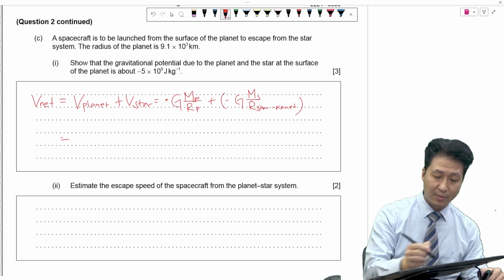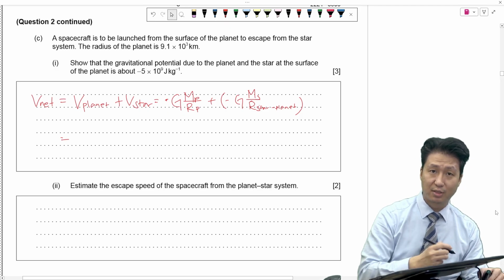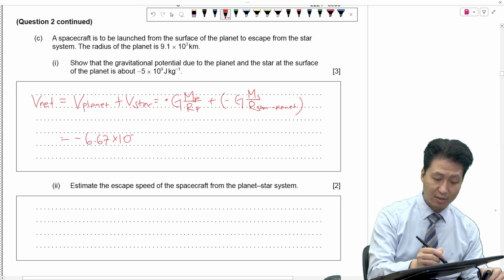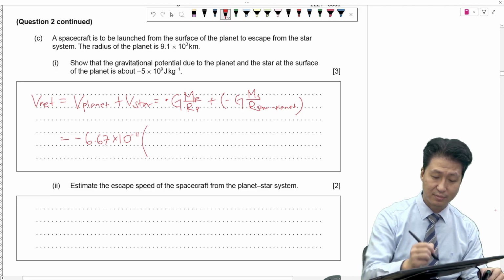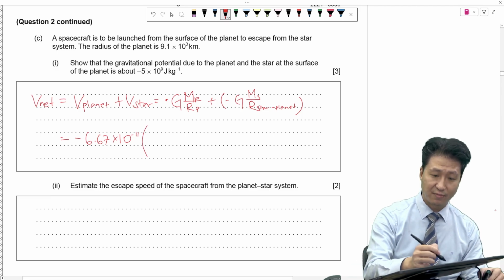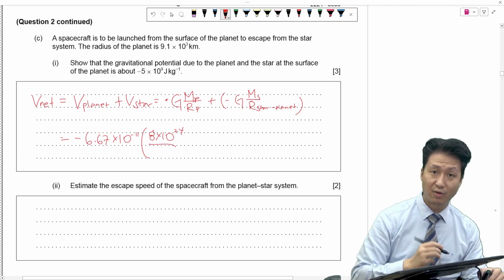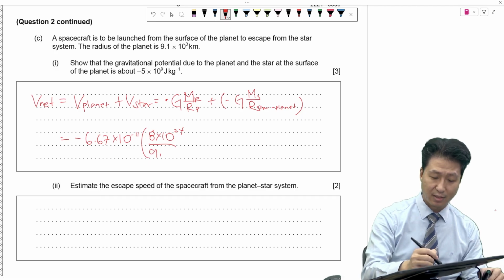If you factor out the gravitational constant, let's use negative 6.67 times 10 to the negative 11. You have the mass of the planet, 8 times 10 to the 24, divided by the radius of the planet, 9.1 times 10 to the 6th meters.